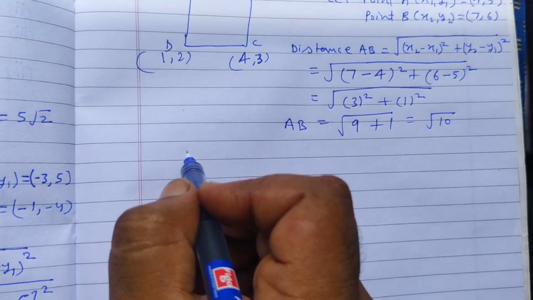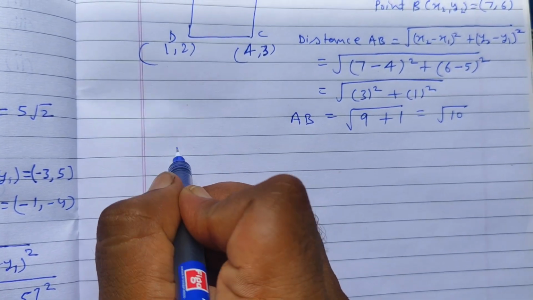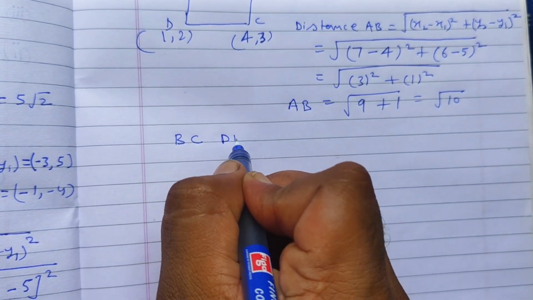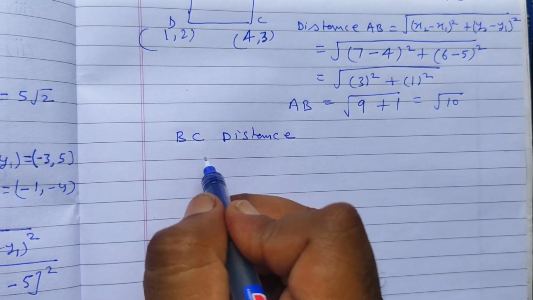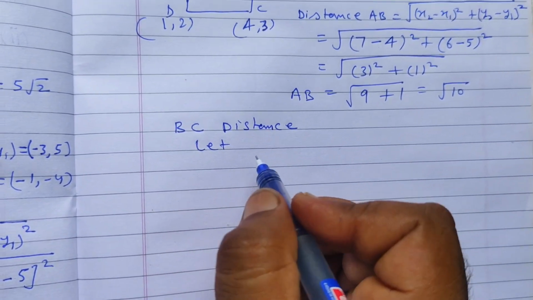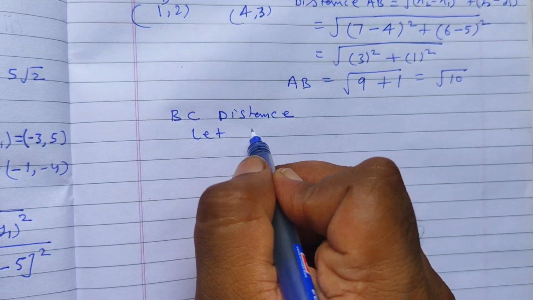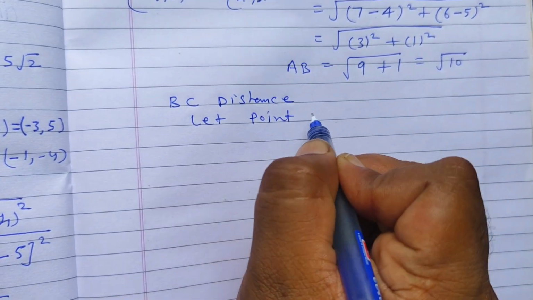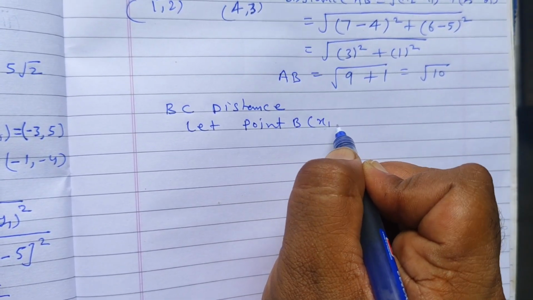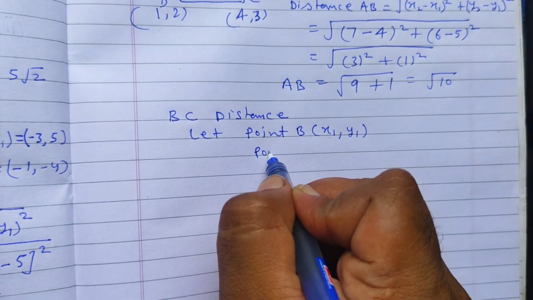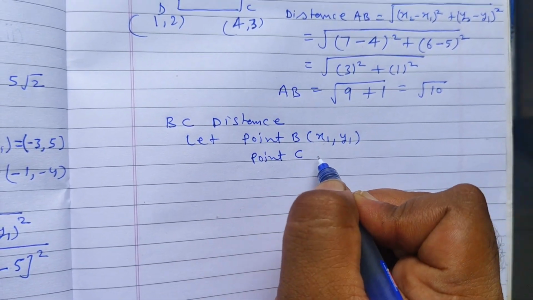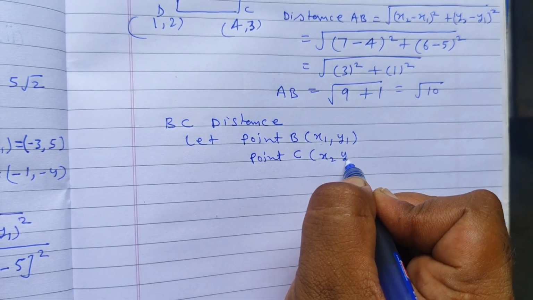Distance BC. Let point B be (x1, y1) and point C be (x2, y2).